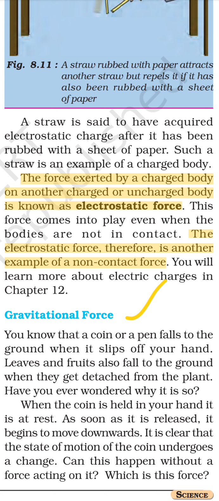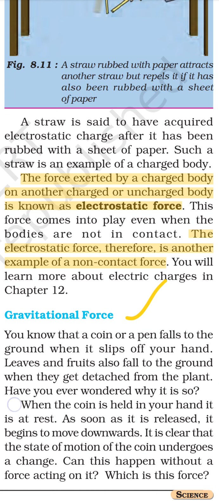You know that a coin or a pen falls to the ground when it slips off your hand. Leaves and fruits also fall to the ground when they get detached from the plant. Have you ever wondered why it is so?